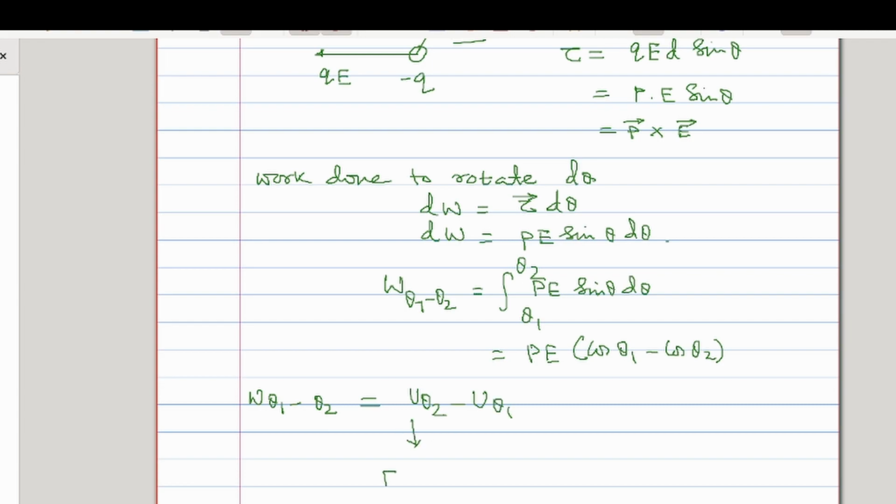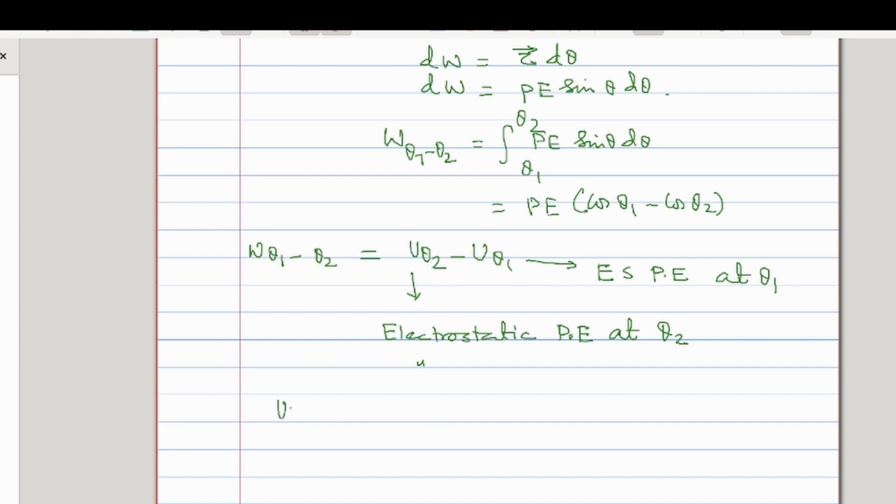This is the electrostatic potential energy at theta 2, and U theta 1 is the electrostatic potential energy, I'm just writing ESPE, at theta 1. So we got U theta 2 minus U theta 1. So we can write U theta like this: minus P E cos theta.